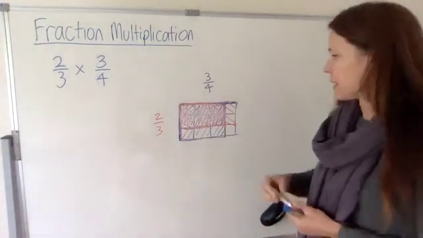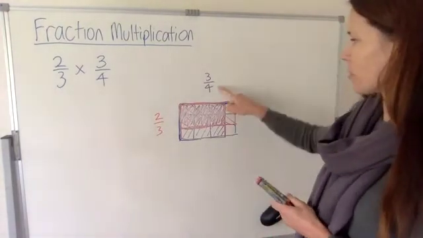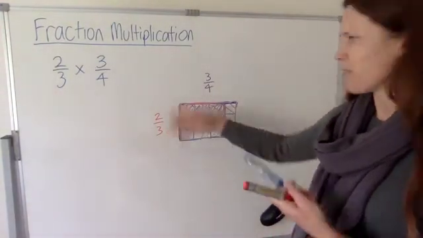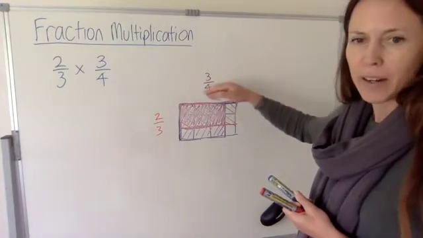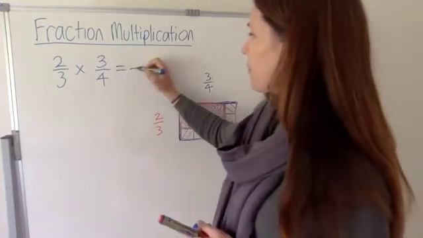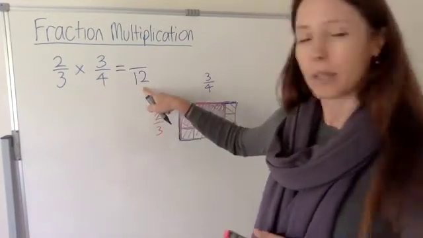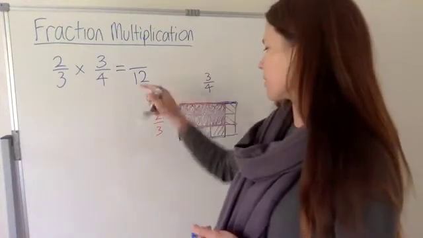So the area that's been shaded twice, let's colour that in, that's going to be basically the visual representation of our answer. Now, the total number of boxes here is 12, and that makes sense because it's always going to be 4 times 3. If I divided this up into fifths, I'd have 5 boxes here, wouldn't I? So the number of boxes altogether is going to be the denominator times the denominator equals the denominator of the answer.